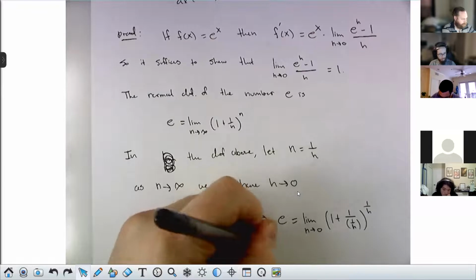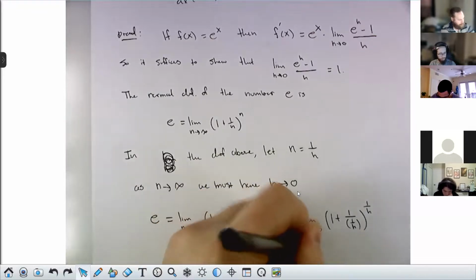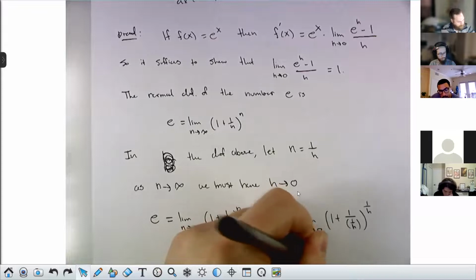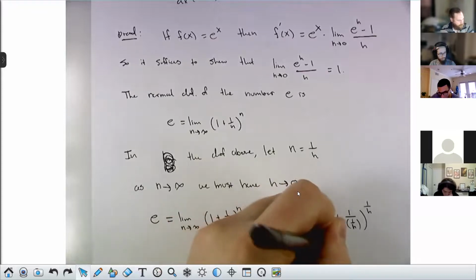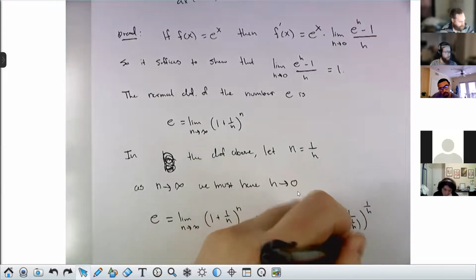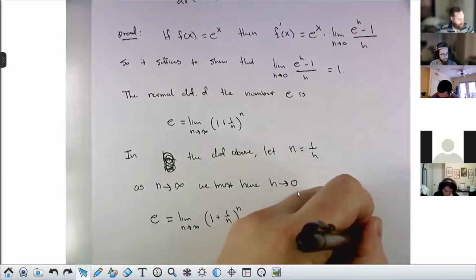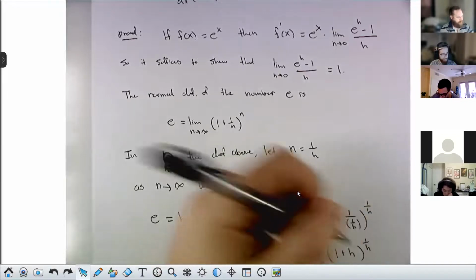Simplifying, this says e is equal to the limit as h goes to 0 of 1 plus, well, 1 divided by 1 over h, that's h. So this is 1 plus h, all raised to the power of 1 over h.